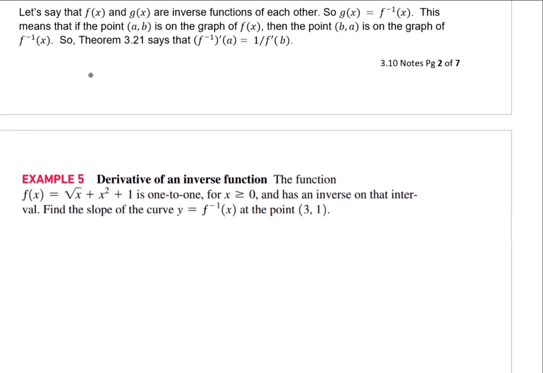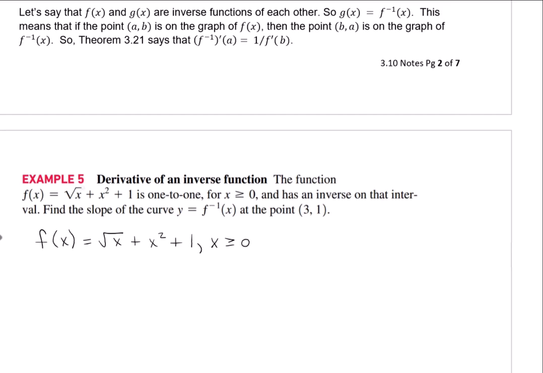Okay, so what they're saying here, if we have f of x equals the square root of x plus x squared plus 1 for x's greater than or equal to 0. Okay, here we are. f of x and g of x are inverses.